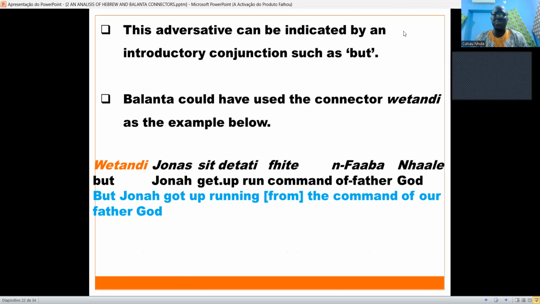Balanta could have used the connector wetandi as in the example below. Wetandi Jonah said that fiti mfabanghale, but Jonah got up running from the commands of our Father God.